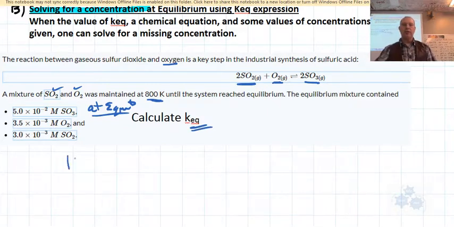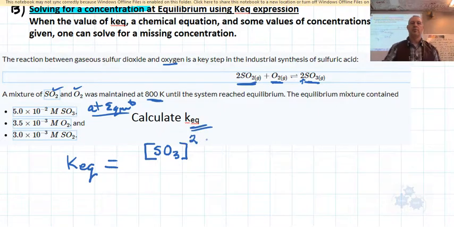All right. So what you do is you write the Keq expression first. Very easy. Which is the product side here? The right or the left? The right side. Okay. We only have one thing over there. No problem. We just put the concentration of SO3 with the concentration square brackets there, and then the coefficient is the exponent.